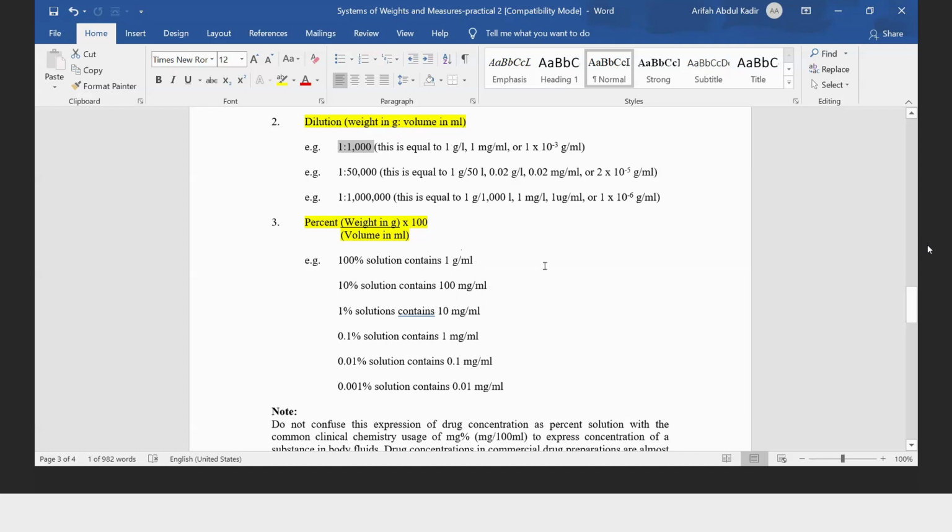Doctor, that means the unit below will also change, right? Yes. It depends on whether the question asks you to remain in milligram.